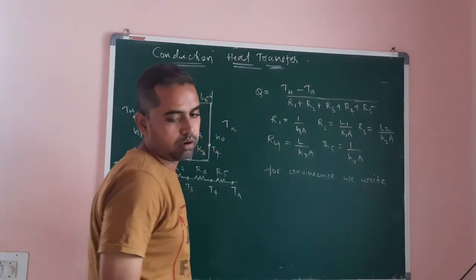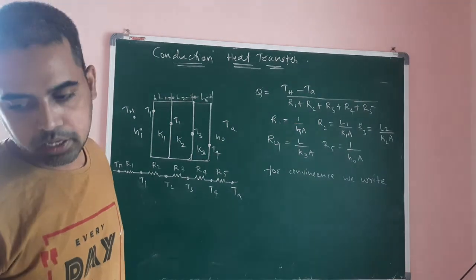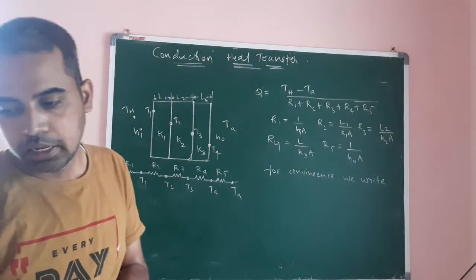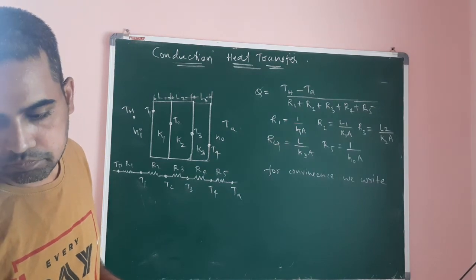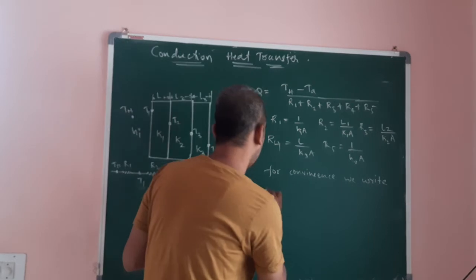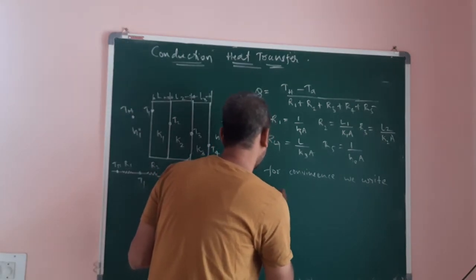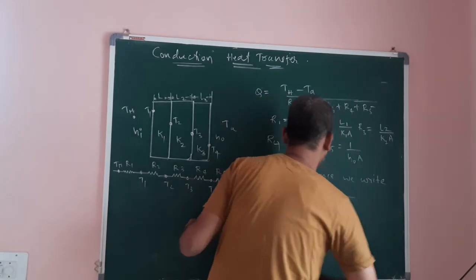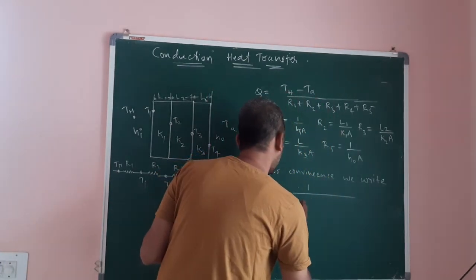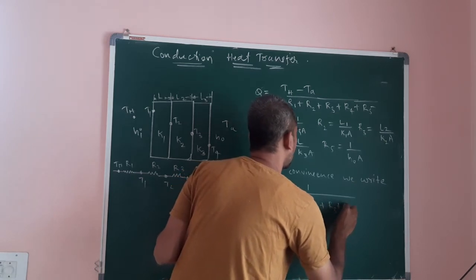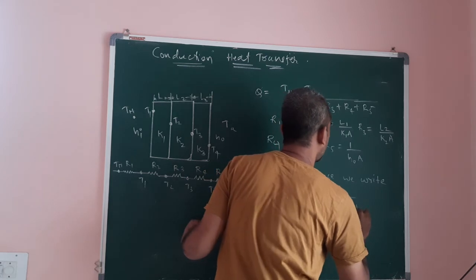We will discuss now. U is the overall heat transfer coefficient. It is written like this: UA is equal to 1 divided by R1 plus R2 plus R3 plus R4 plus R5.